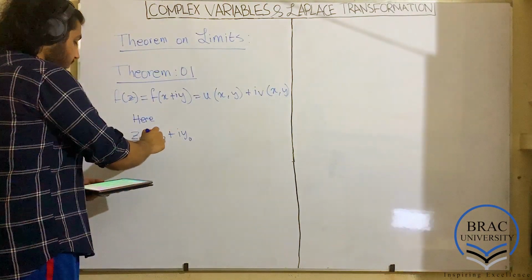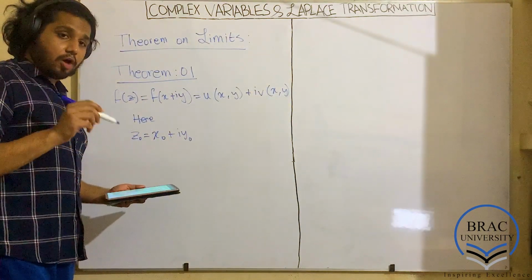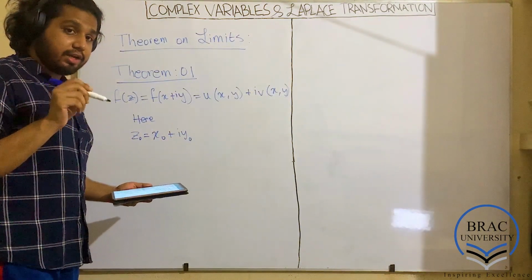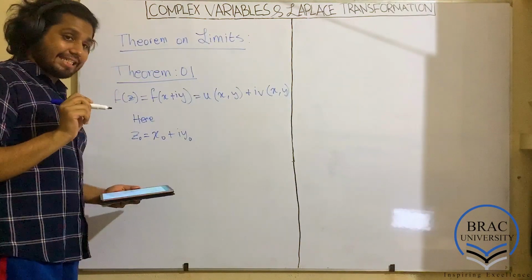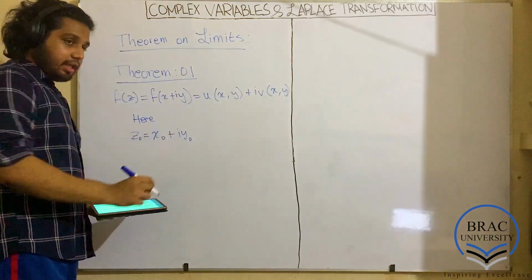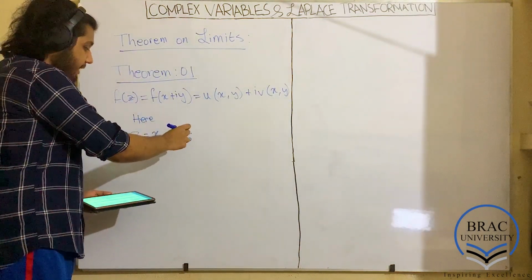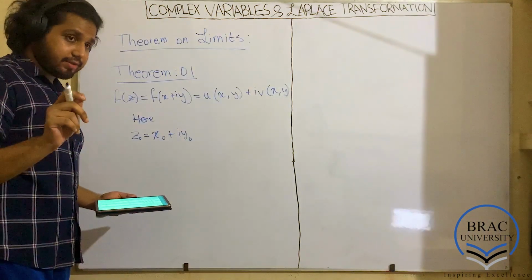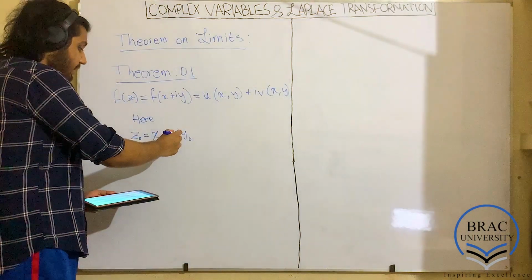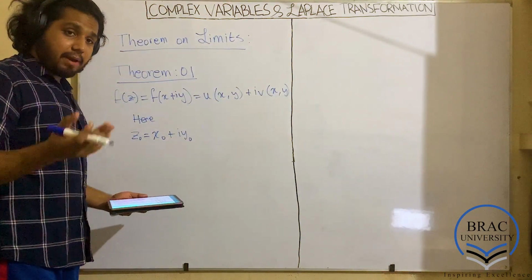x naught is the real part, y naught is called the imaginary part, but even though it's called the imaginary part, it's still a real number. What makes it an imaginary number is the multiplicative i in front of it. So x and y separately are real numbers, but because you multiply i to y, you get an imaginary number.